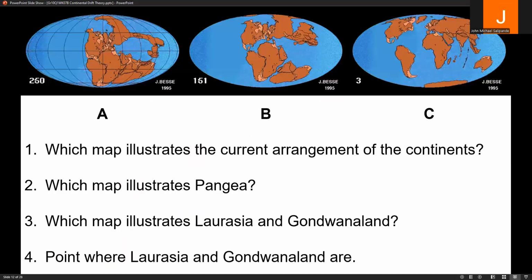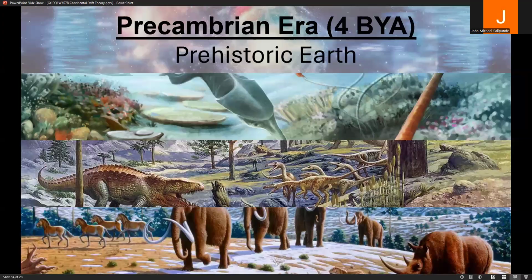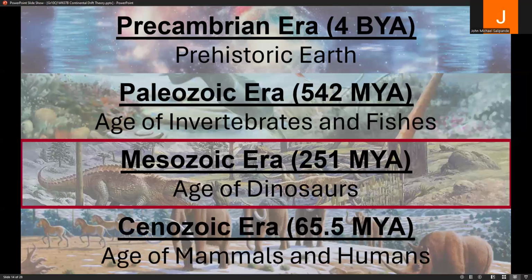So therefore, Pangaea existed somewhere during the Mesozoic era, 251 million years ago, otherwise known as the age of dinosaurs. So there was no recorded single person ever who was able to live and exist during the Mesozoic era, because it is during the Cenozoic era wherein some mammal species evolved into humans.